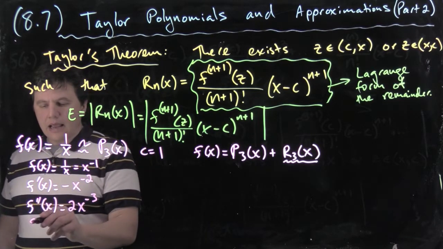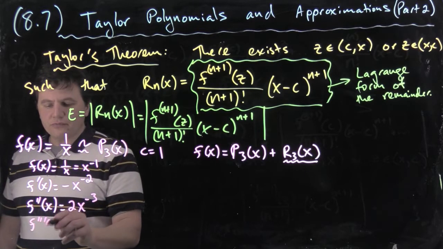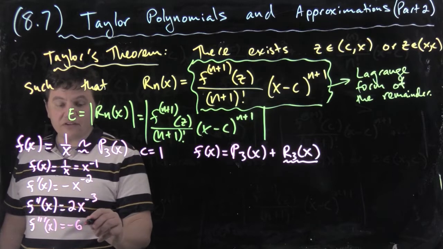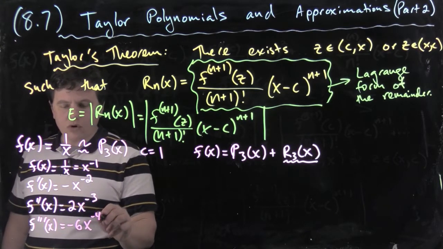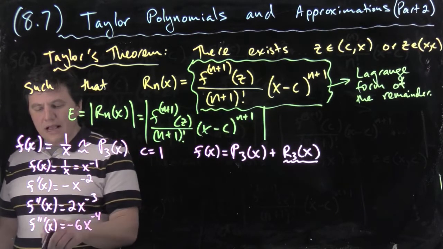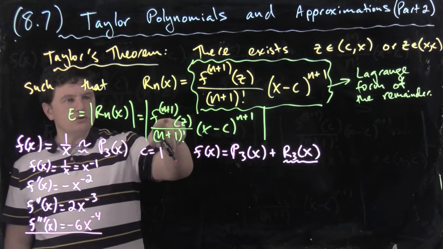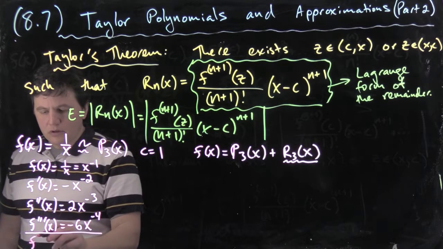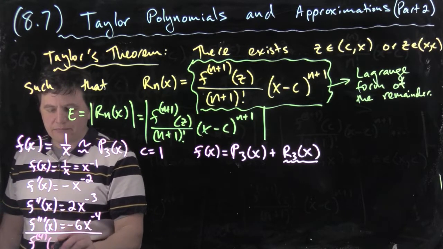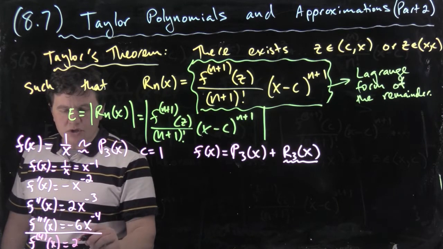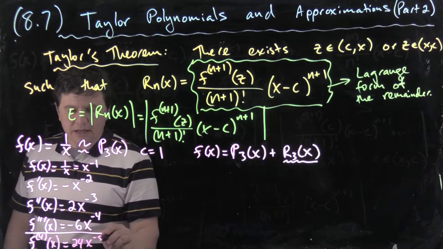The third derivative, which is the last derivative I need for my polynomial, will be negative 6x to the negative fourth. And then wherever you end the polynomial, we go one derivative past that. So we take the next derivative, which would be positive 24x to the negative fifth.